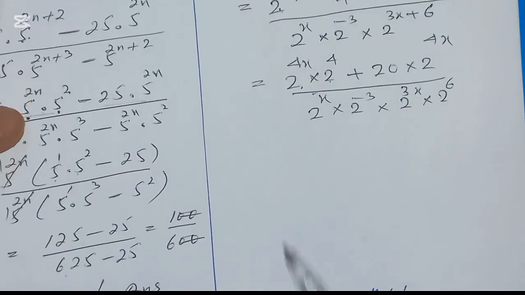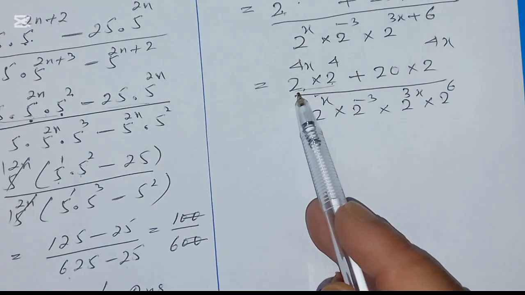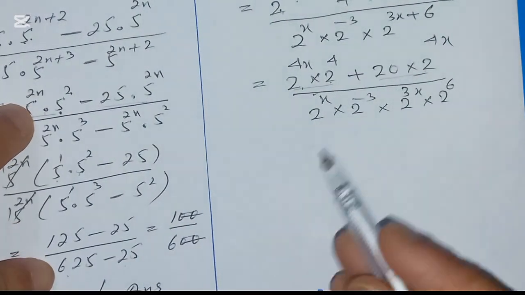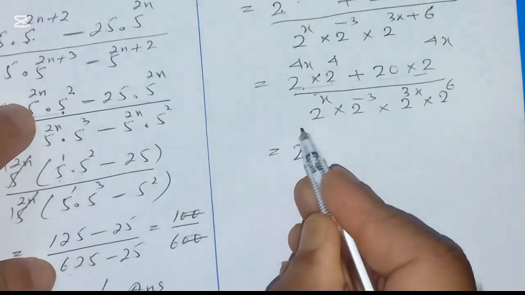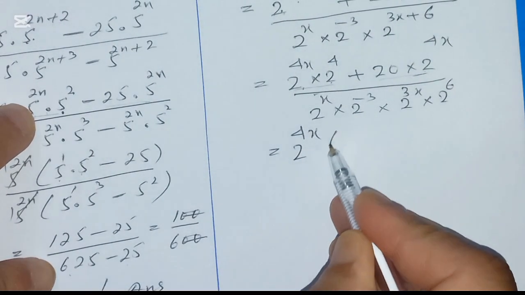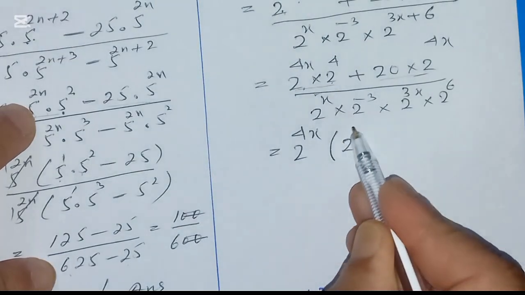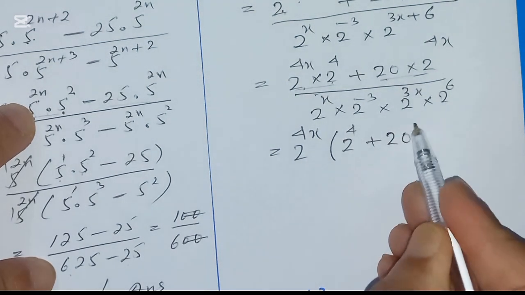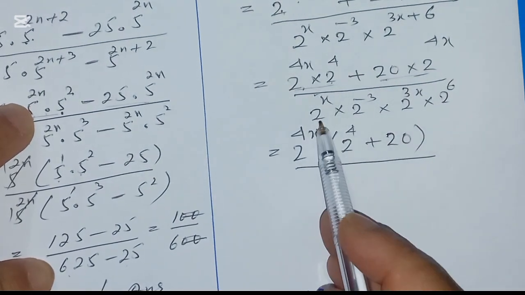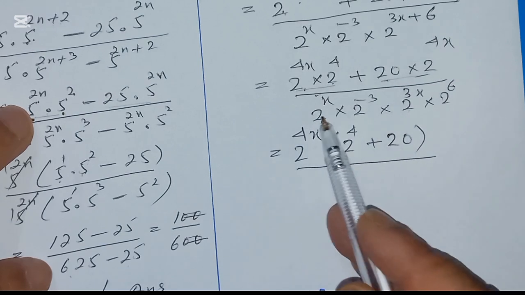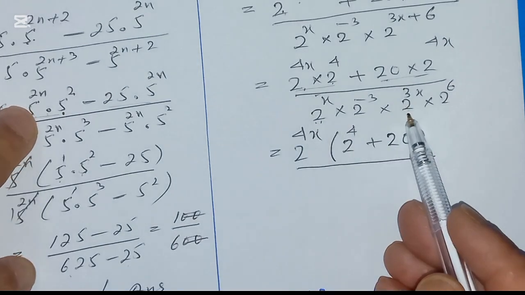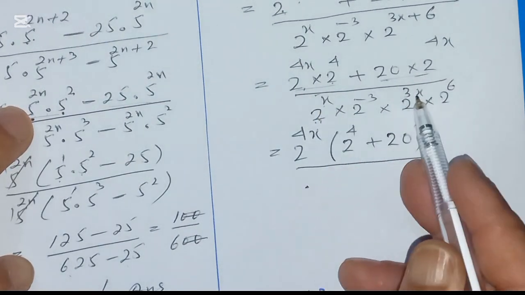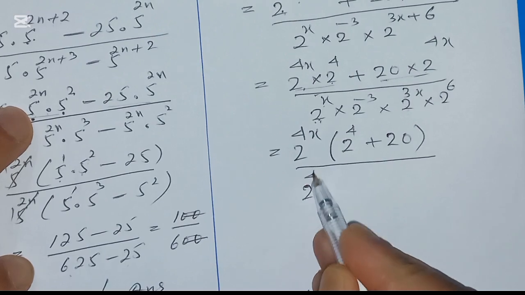Now in the numerator, in this term we have 2 power 4x and in the second term we have 2 power 4x, so we take 2 power 4x common. The remainder in this term is 2 power 4, and in this term the remainder is only 20. In the denominator, 2 power x and 2 power 3x are multiplying with each other, so the bases are the same and the powers are added, x plus 3x, which becomes 2 power 4x.